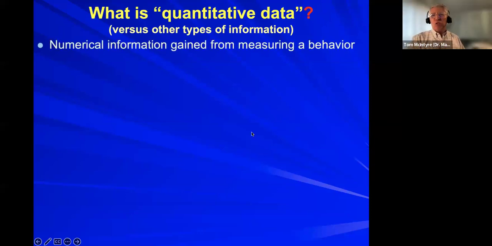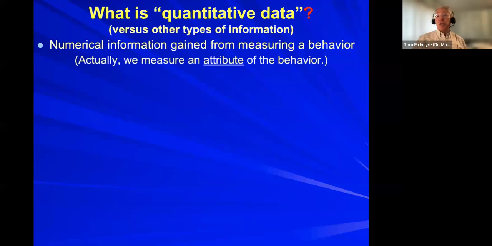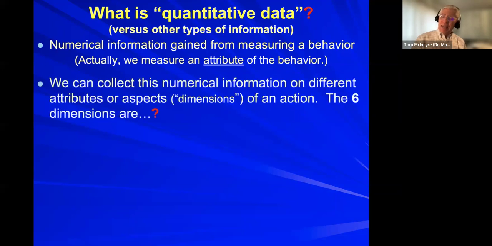So numerical information, we're measuring a behavior. Well, actually, we're measuring an aspect of it. We're measuring an attribute of that action. We're measuring what is known in ABA terminology as a dimension. And there are 6 dimensions of behavior.